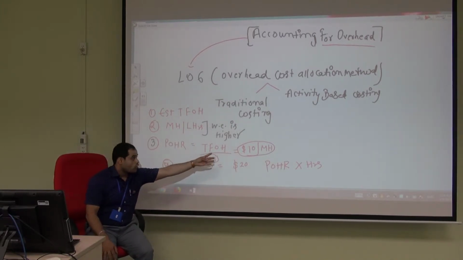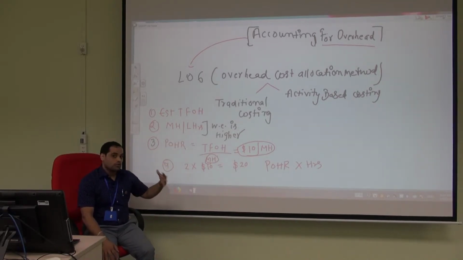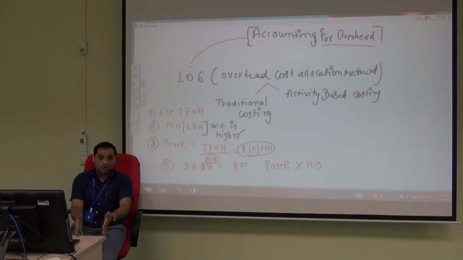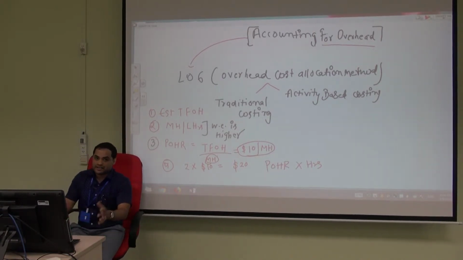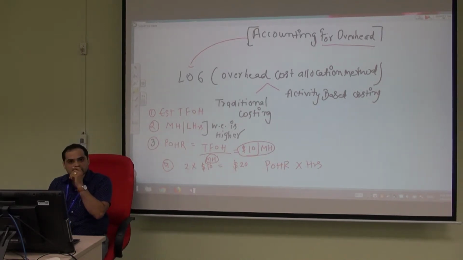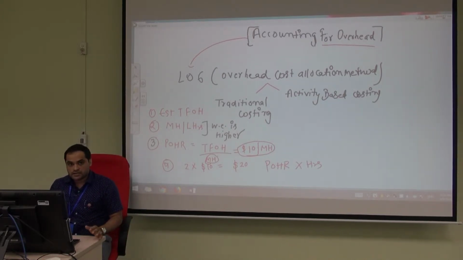Of course, you're not going to apply the machine hour rate to the labor hours. It doesn't make any sense. So that is your traditional costing. Traditional costing is quite simple and straightforward compared to activity-based costing.